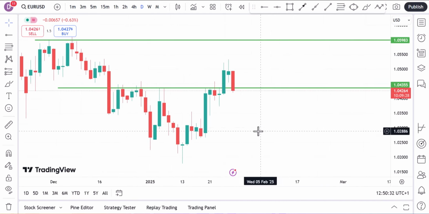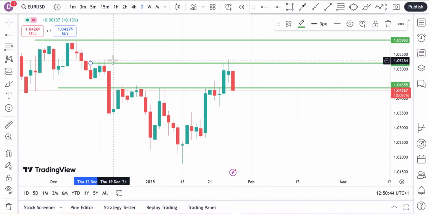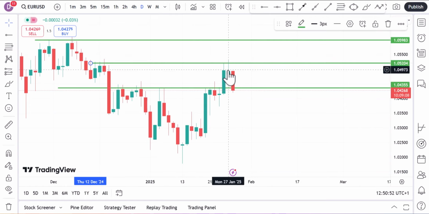So we can see that this structure was broken, and I always tell you guys that anytime a structure is broken, it will come back for a retest. Some people call it final kiss or final goodbye. And if you look towards the left side, we can see a supply zone here. And yesterday, I told my student that we will be selling today, and why. If you look at the close of yesterday's candlestick on Euro USD, it gave us a reversal candlestick pattern.